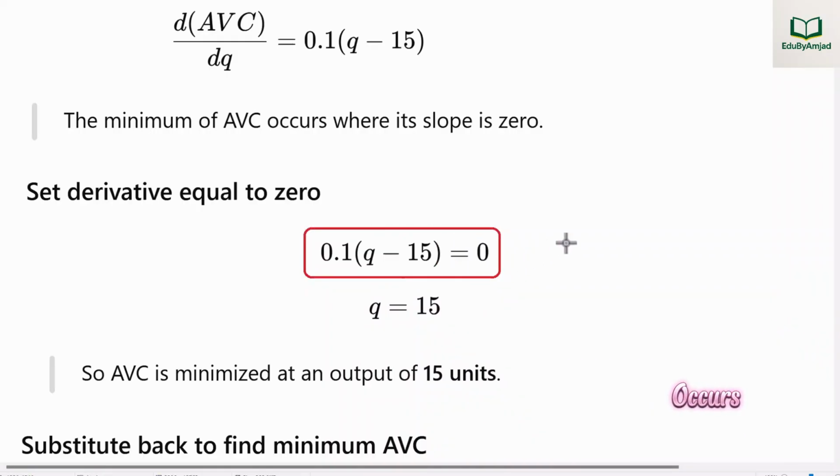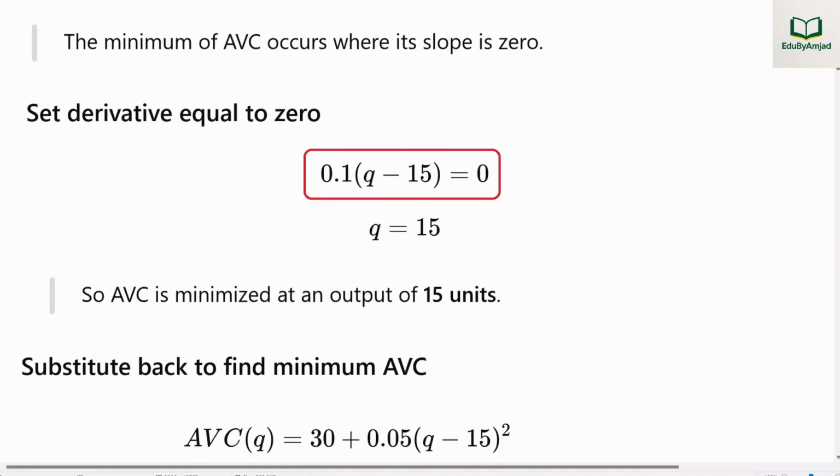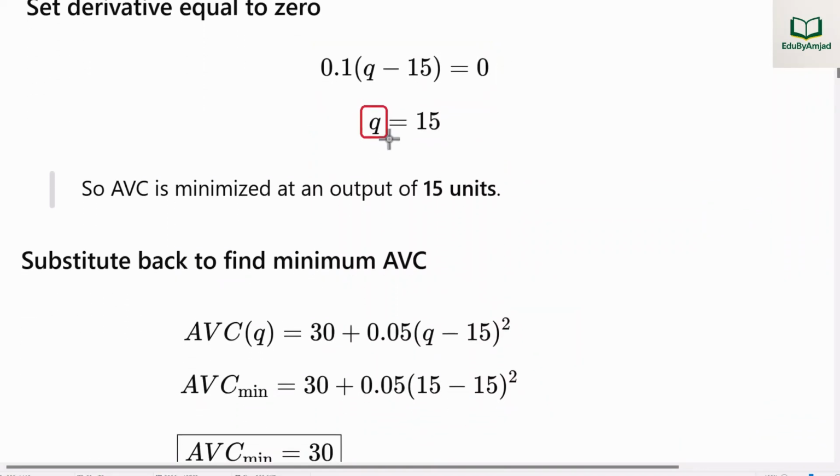The minimum occurs where the slope is 0. So set the derivative equal to 0. 0.1 times (Q minus 15) equals 0. This gives Q equals 15. So AVC is minimized at an output of 15 units.